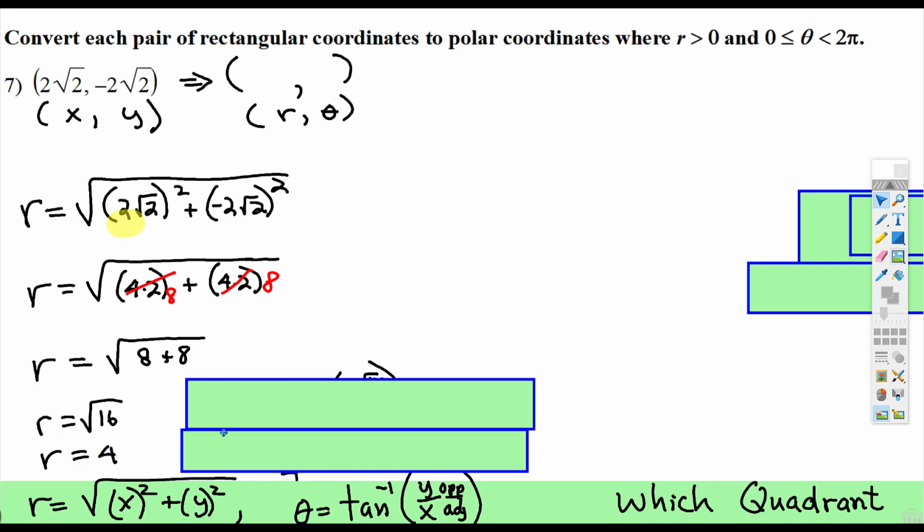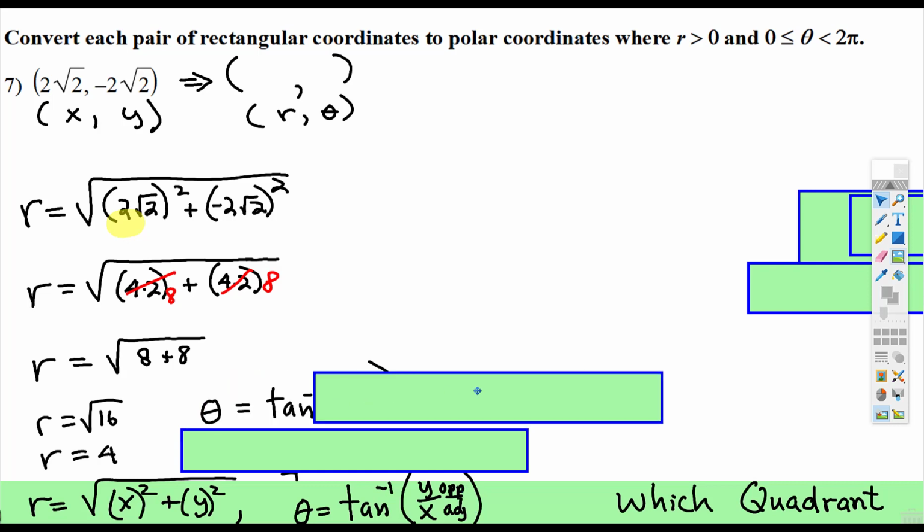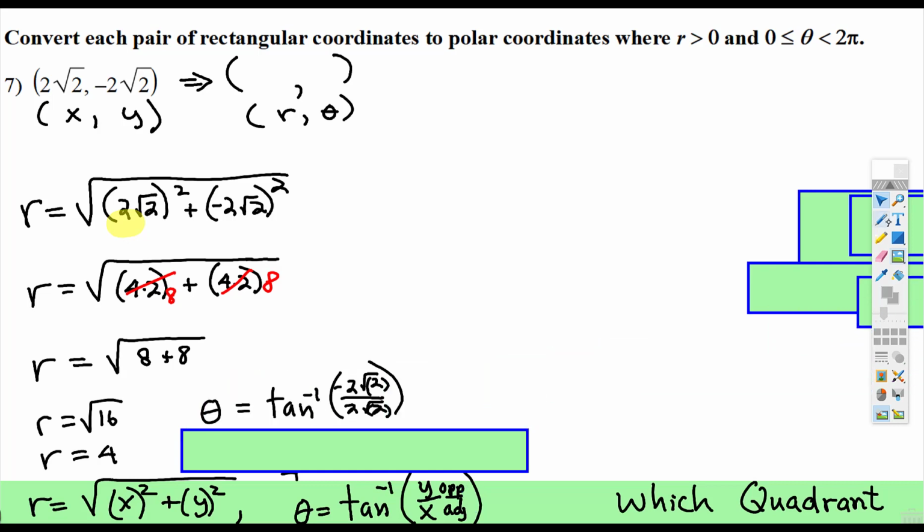All right? Now we go to find the theta. Remember what we said. You take the inverse tangent of the y value over the x value, because tangent is opposite over adjacent. So we're going to set it up like this. And look, any number over itself is positive 1, but this is a negative something over its positive self.